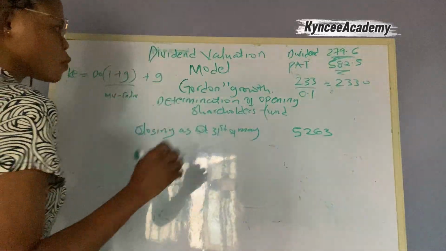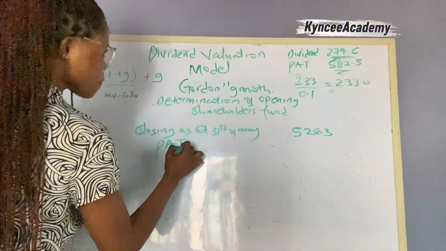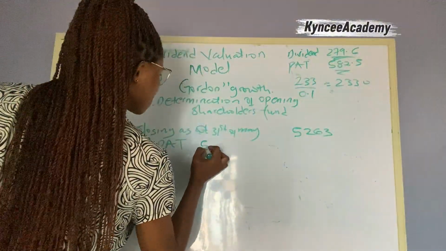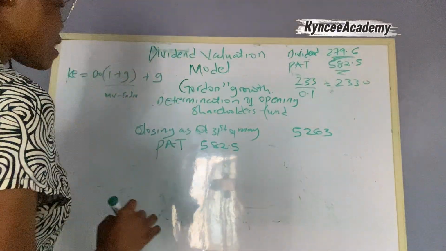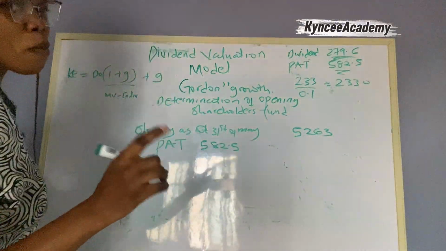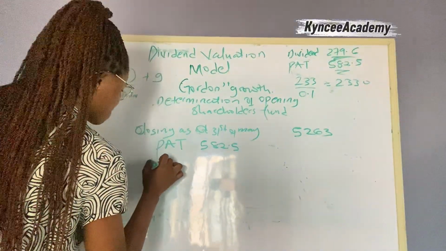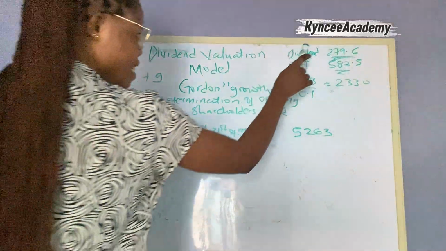So after that, we now bring out our part for the year. Our part was this figure, which is 582.5. Right? The next thing that we are going to do is bring out our dividend. You remember how we got this dividend earlier?